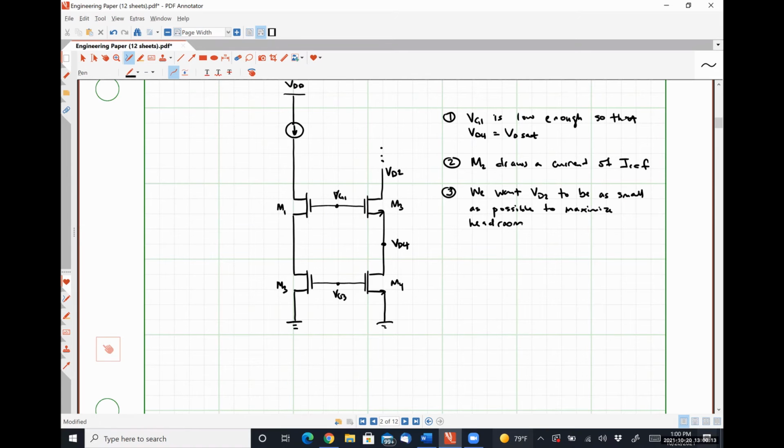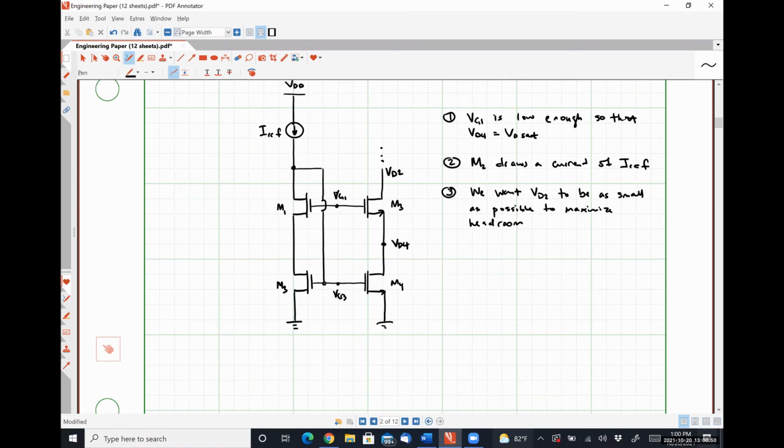So to satisfy these three conditions simultaneously, we're going to have to get a bit creative. Okay. The first thing that I'm going to do is, oh, sorry, and this current should be IREF. I'm going to tie the drain of transistor M1 to the gate of M3.